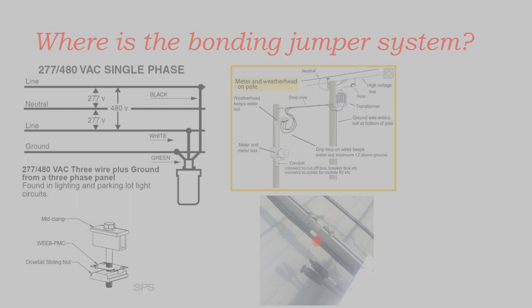But that splice is not listed as a ground path. And so here we have a separate bonding jumper that bonds the two pieces of rail together. And that's another thing: just because it's metal touching metal doesn't mean that it actually qualifies as a ground path.